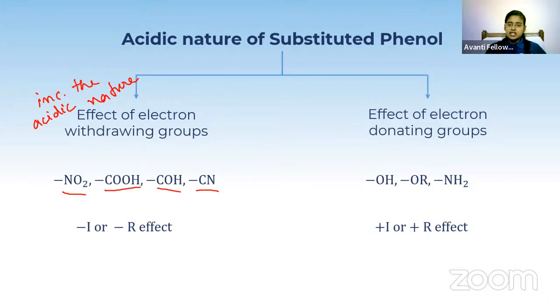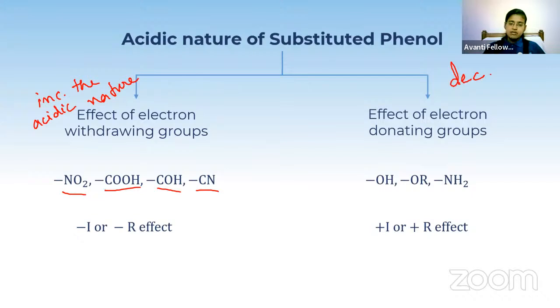And electron donating groups will keep on donating electrons to the ring, so they decrease the acidic nature. The ring becomes more electron rich and the acidity will decrease. Electron withdrawing groups increase the acidity. Electron donating groups decrease the acidity of alcohols.